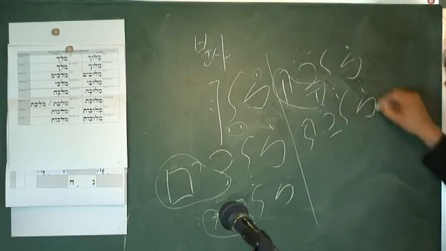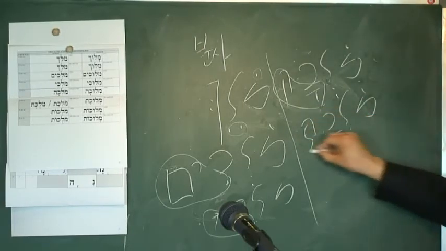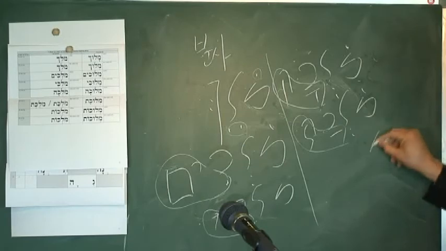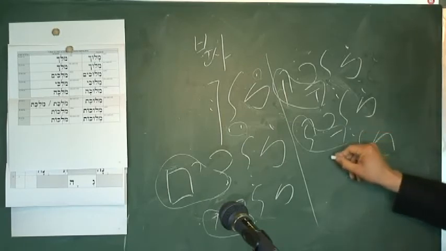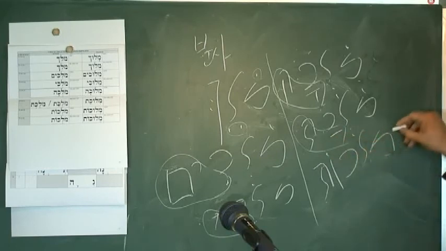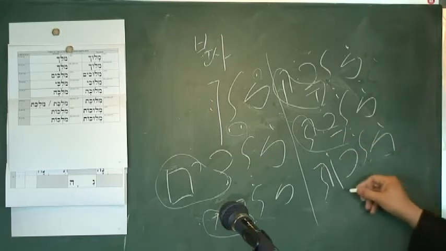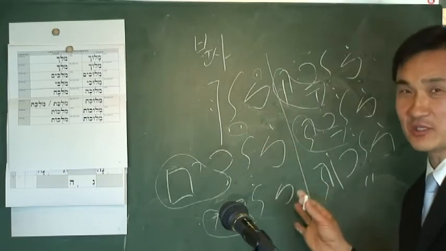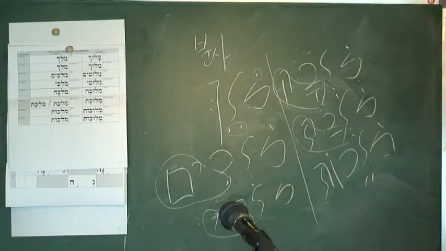This is the feminine plural absolute state. Let's first look at the feminine singular construct state. A changes to at. Hence, it becomes molukat. Ot would be added to the plural. Hence, it would be molukot.